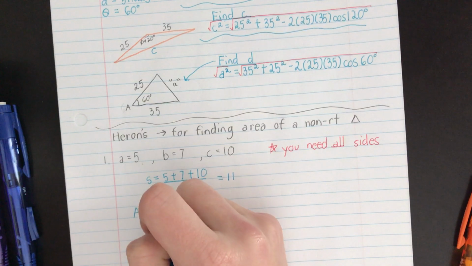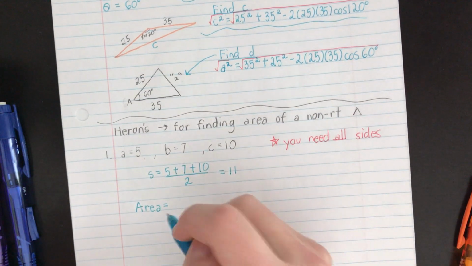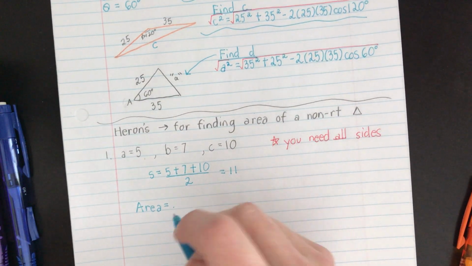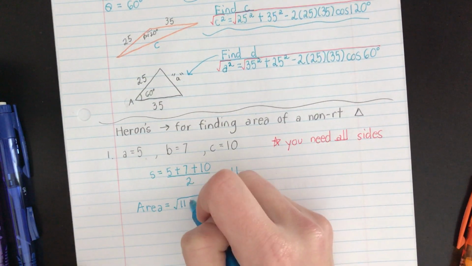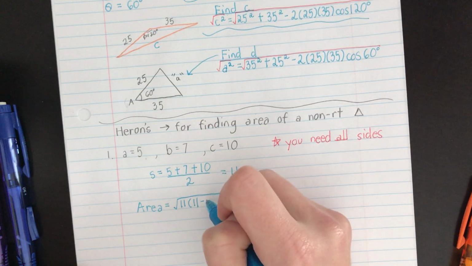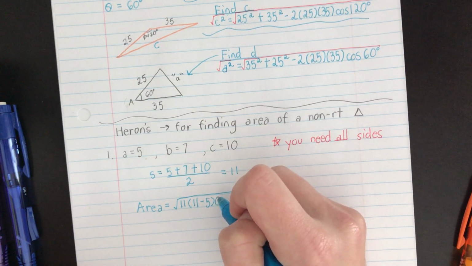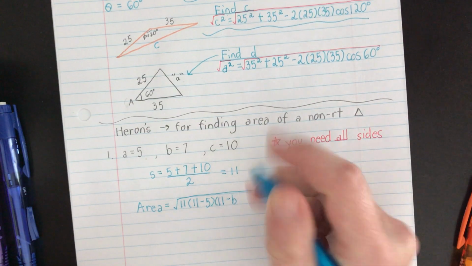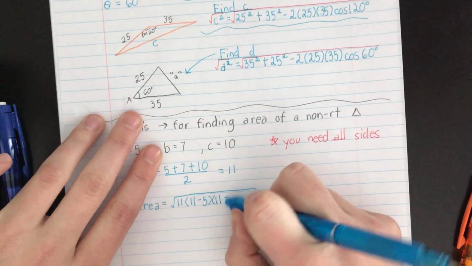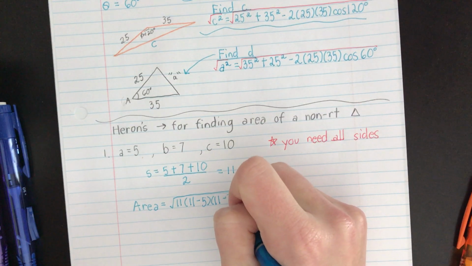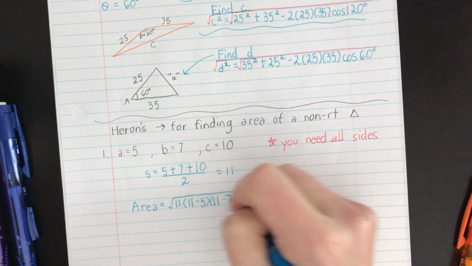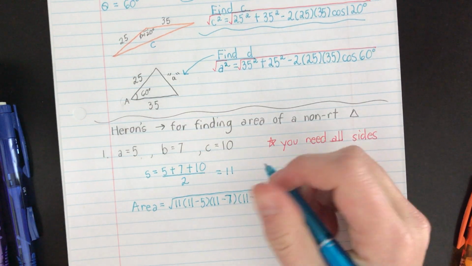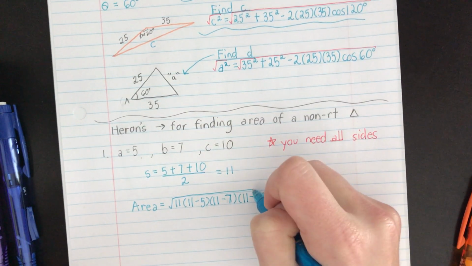Then the area equals the square root of, if you're looking at your formula card, S, which is 11, and then S minus A, 11 minus 5, then S minus B, 11 minus 7, and then S minus C, which is 11 minus 10.